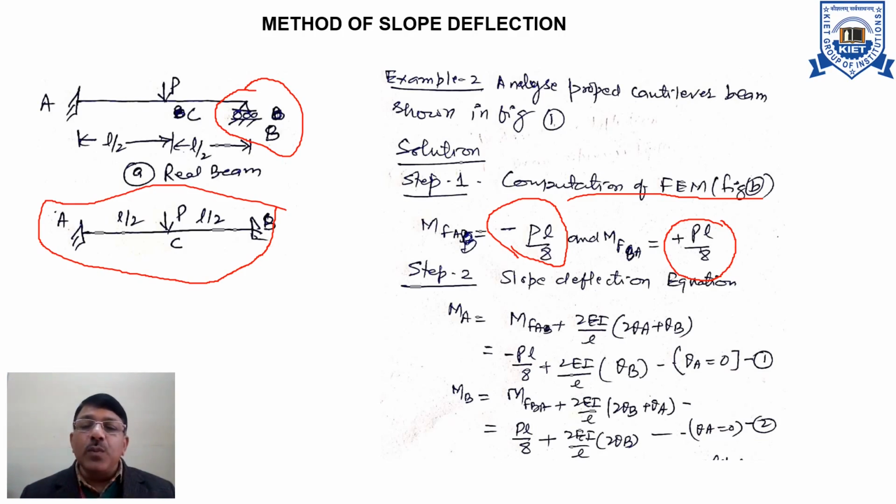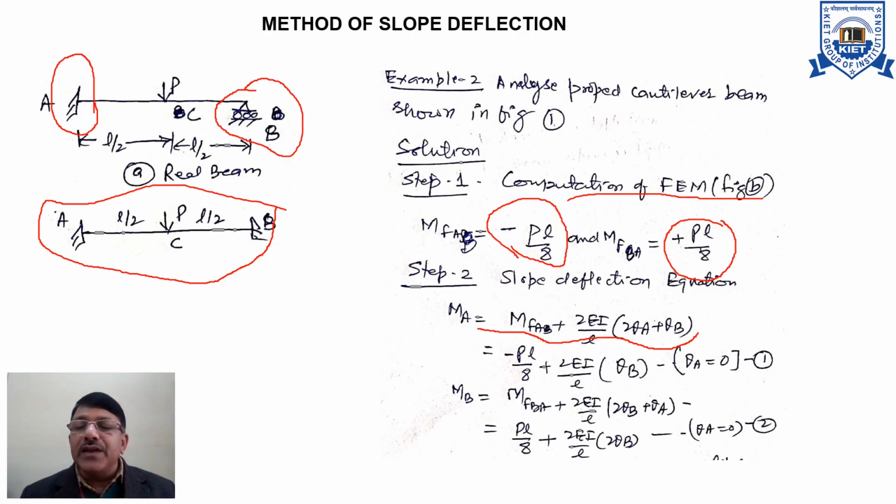So the slope deflection equation which we can write down at A and B would be something like this. At A, MFAB plus 2 EI upon L, inside the bracket 2 theta A plus theta B. Notice here, since in the real beam given in the problem this support A is a fixed support, this theta A is going to become equal to 0.